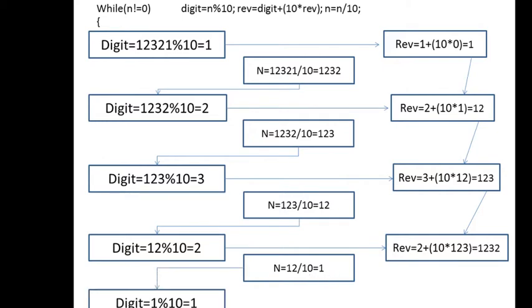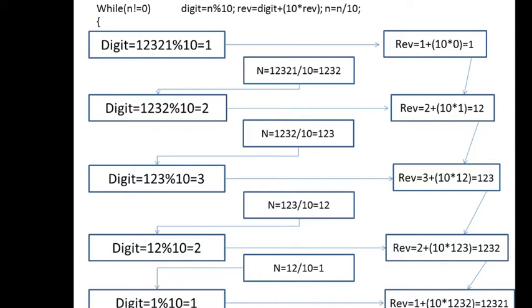And now 1 modulus of 10 is equal to 1. This is again put to the reverse: 1 plus 10 into 1 2 3 2, it becomes 1 2 3 2 1, which is equal to the given input 1 2 3 2 1. This is the reverse and this is the given input. So you know easily that it is a palindrome.